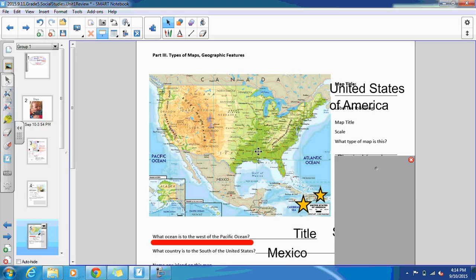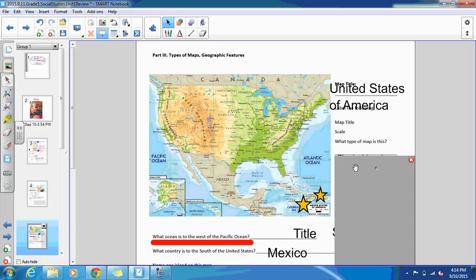Here's the catch though. I also see Canada, Mexico, United States, countries, political map. I see states like Texas, Kansas, and Nebraska, political map. I see cities like Oklahoma City and St. Louis and Cleveland, political map. So, what type of map is this?